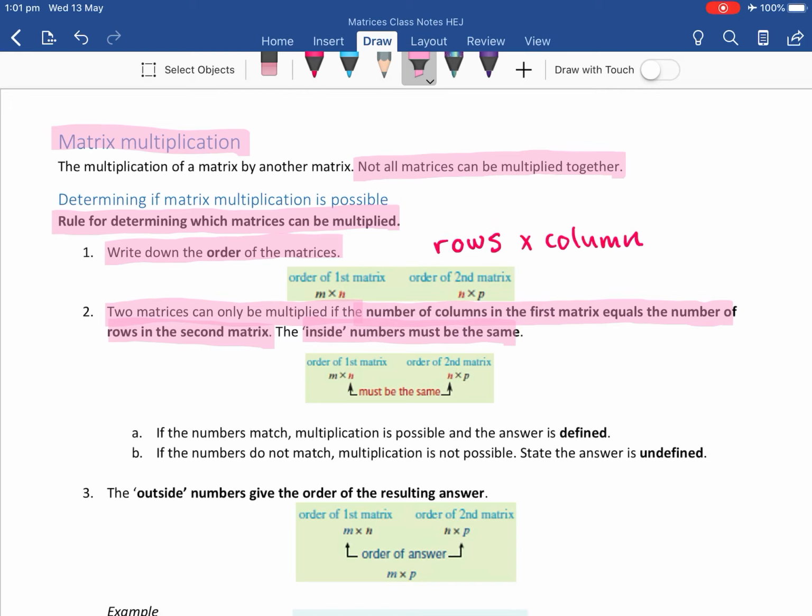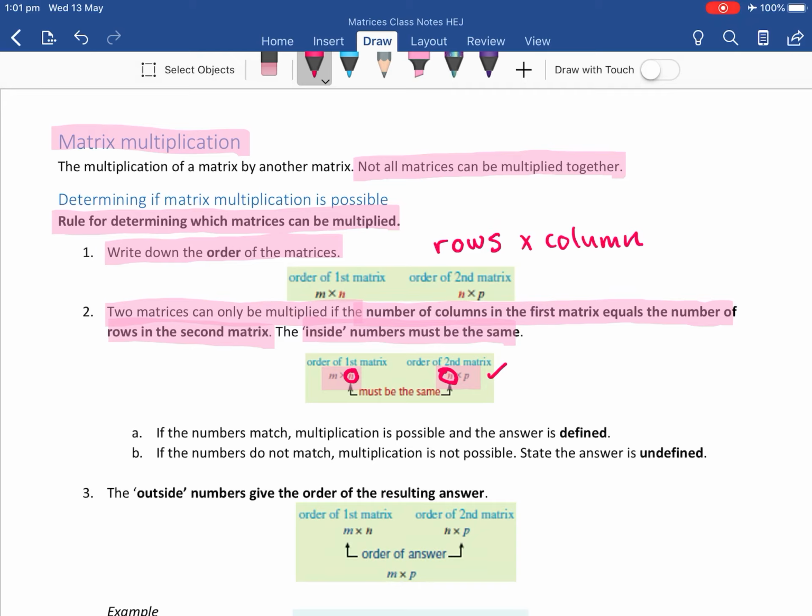So for this one, you've got an order of the first matrix, it's m times n. When you have the order of your second matrix, n times p, the fact that you've got an n on the inside means that you can multiply.